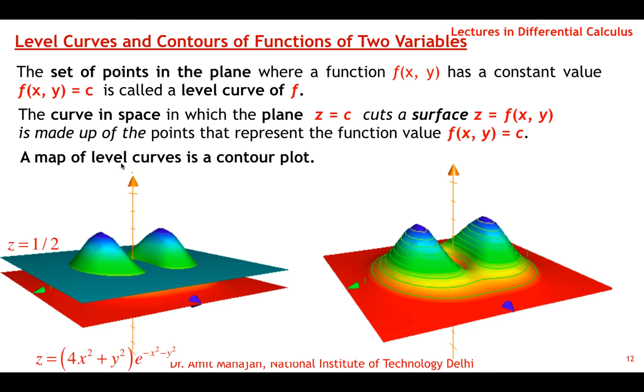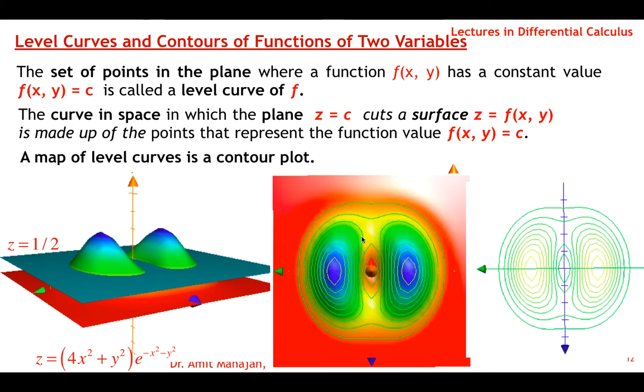Contours are their map. If you look at this surface from the top, from the z-axis, with the x-axis and y-axis, you can see the surface as well as the level curves in the top view.